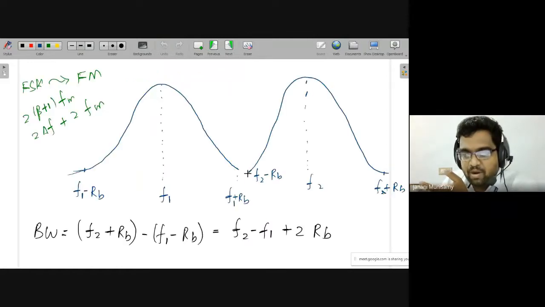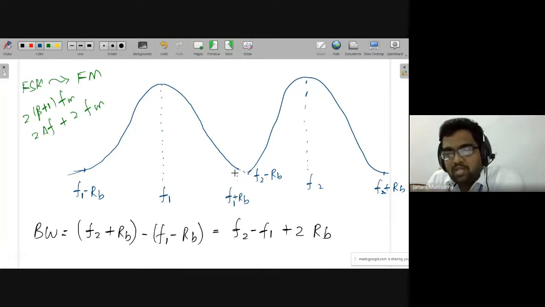You can read it out from here. There may be a gap between these two spectra, or the gap can be very minimal, but there should not be any overlap. Once they overlap, the spectral shape will get disturbed. So at any point of time both these spectra can touch each other.